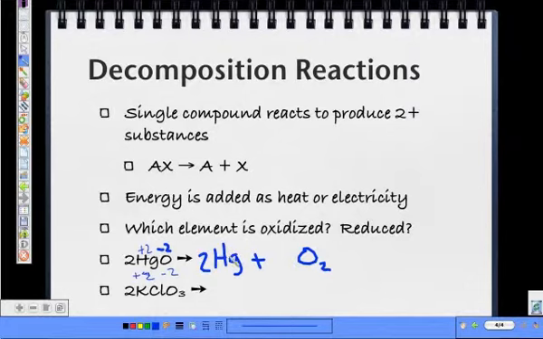And then what would the oxidation number be for mercury on the product side? 0. Yep. It's in its free elemental form, so it'd be 0, and oxygen is also 0. So if the element's oxidized, its oxidation number has done what?